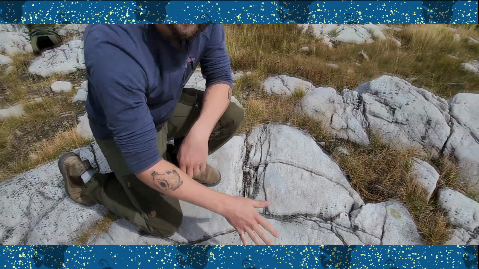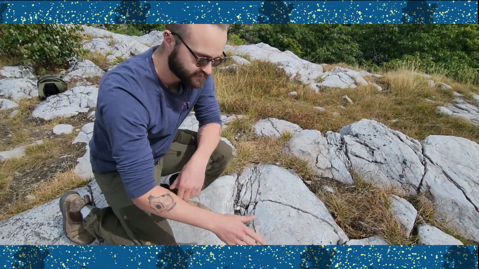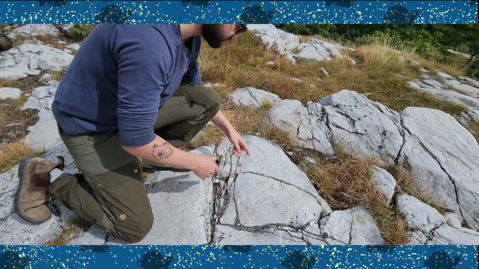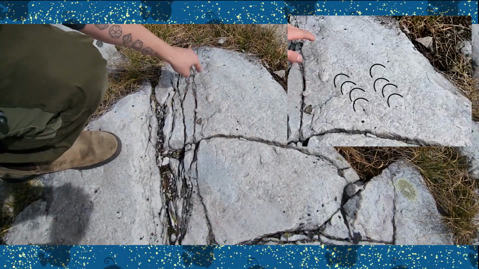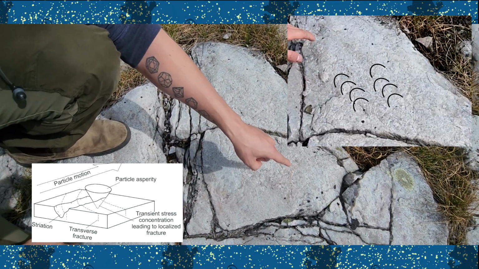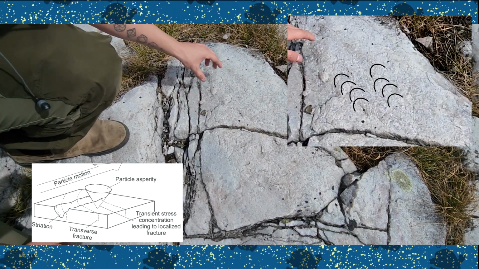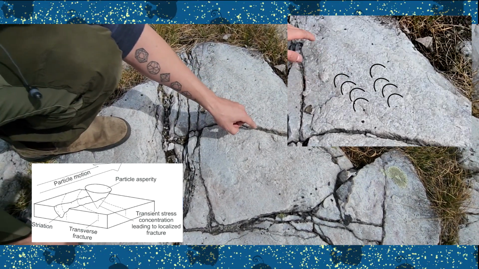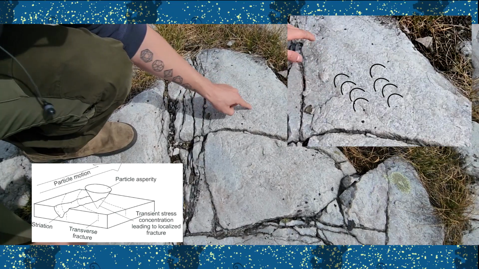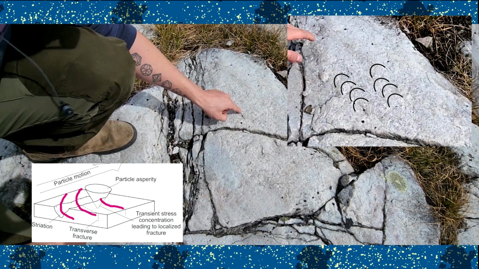The other form of chatter mark is crescentic fractures. They're a little different, but they look very similar, and you can actually see some right over here. As rocks are being dragged across the surface bedrock, it's forming those glacial striations. And if the rock is deep enough forming that glacial striation, these little cracks, very similar half moon. Whoa, sorry, I didn't finish my thought. Crescentic fractures form from glacial striations that form with a deep groove. If the cut is deep enough, these fractures will form on the boundary of the striation.